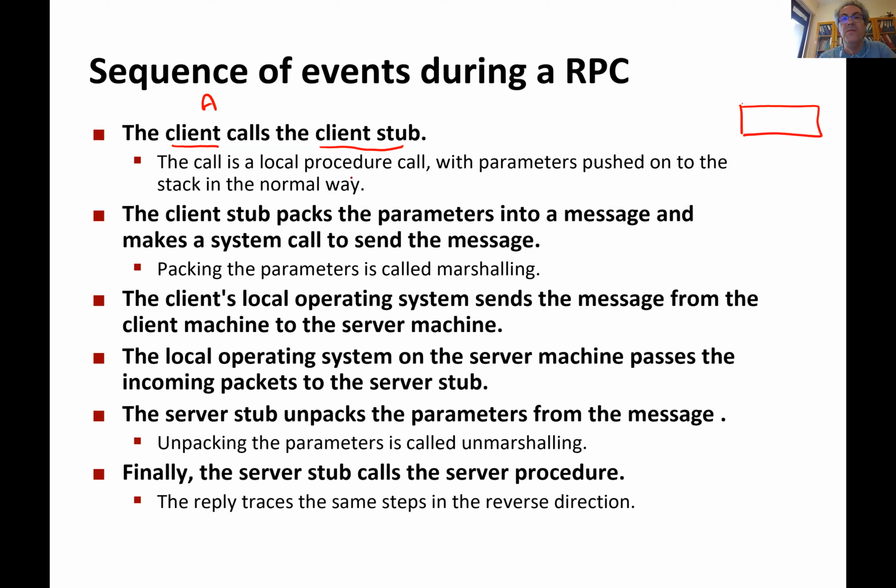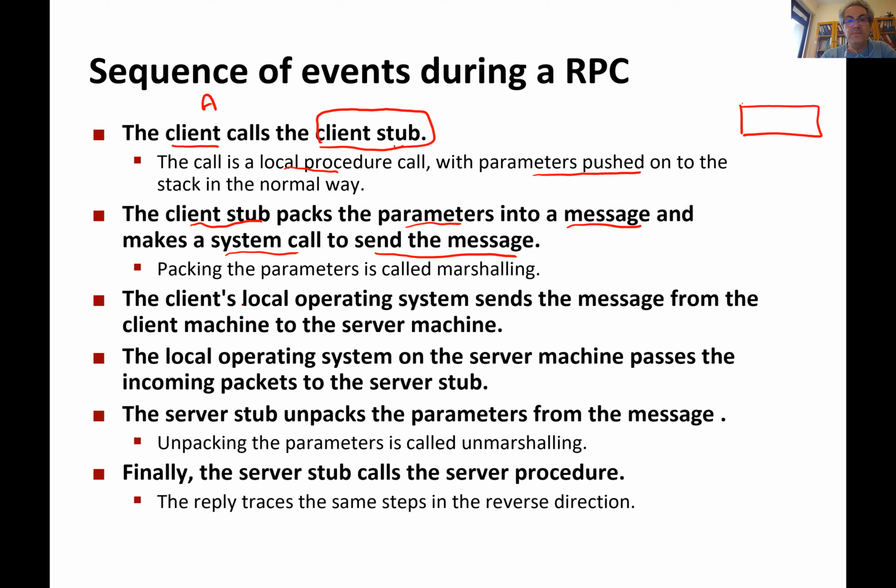So this is a local procedure call, and, as we have seen, your parameters may be pushed onto the stack in a normal way, etc. Then the client stub, which is implemented by the library, is where the action happens. It packs these parameters into a message and then makes a system call to send the message. Remember, I'm sending them through a network, hence it requires a system call, okay?